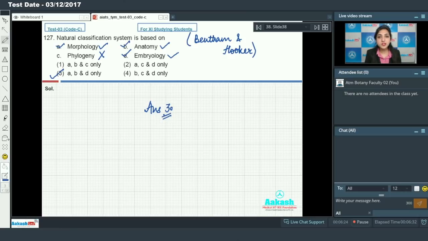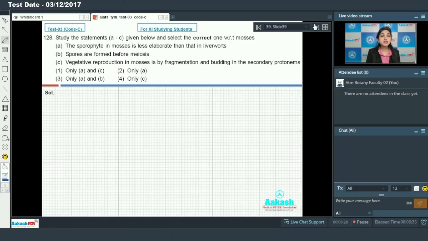Moving on to the next question, that is question number 128. Study the statements A to C given below and select the correct one with respect to mosses. First statement states that the sporophyte in mosses is less elaborate than in liverworts. No, it is more elaborate than in liverworts. So this is incorrect. Spores are formed before meiosis.